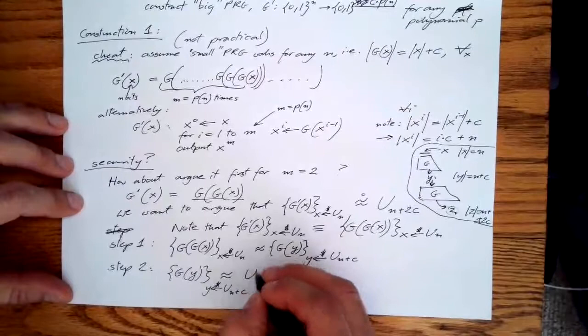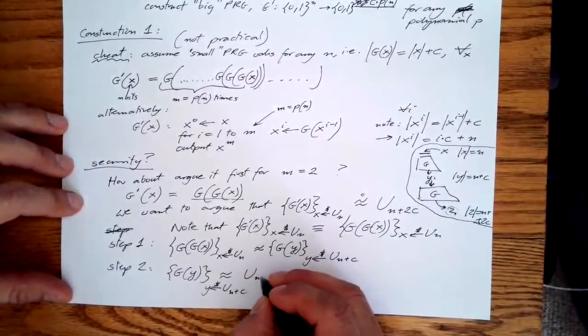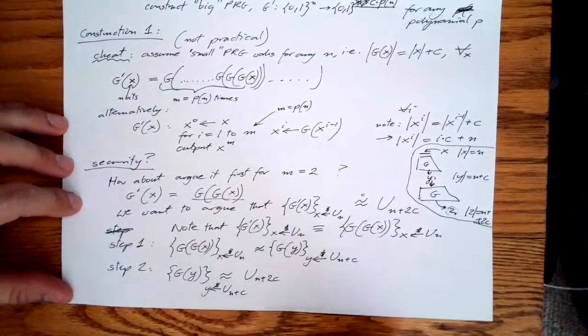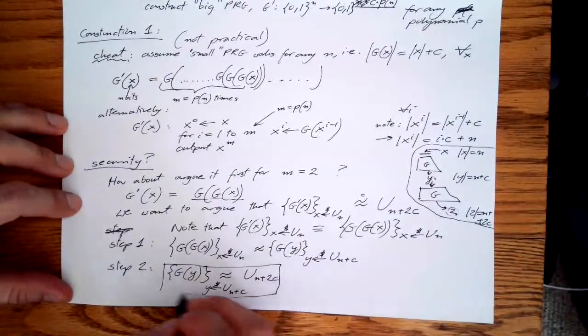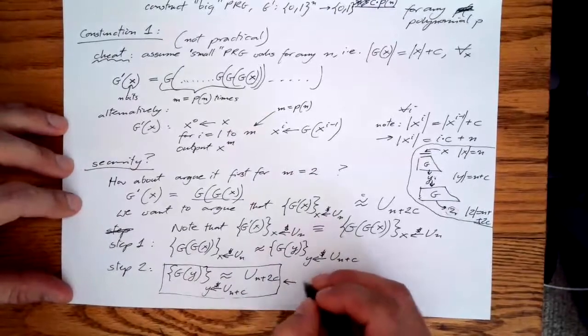In other words, would that be indistinguishable from this distribution? The answer is that this part is easy.